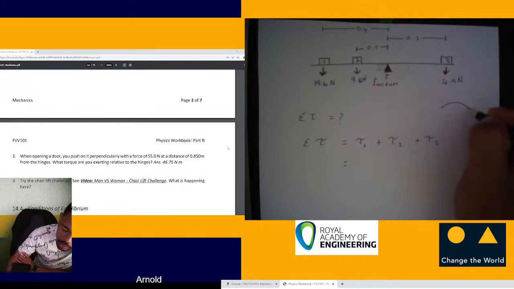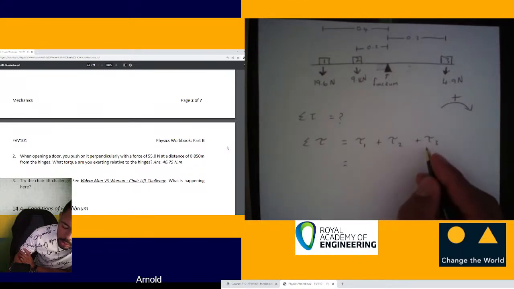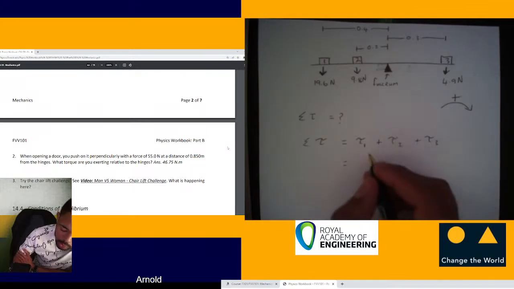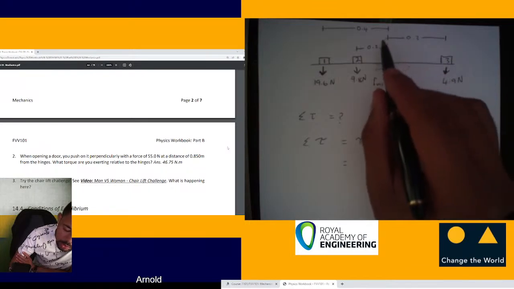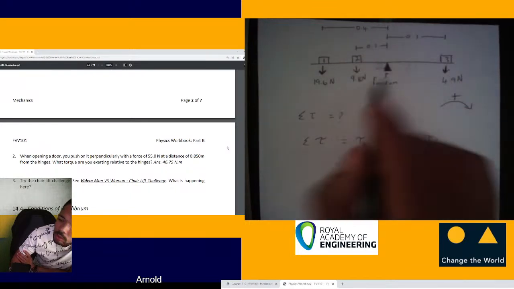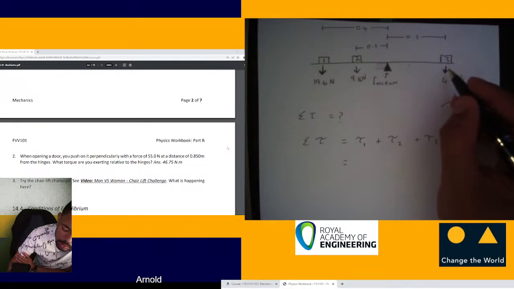Let's take clockwise as positive. So all the forces that cause a clockwise torque are going to have a positive in front of them. The rest will have negative. Which of these forces would cause it to rotate clockwise? This force would cause it to rotate clockwise. It's only number 3.